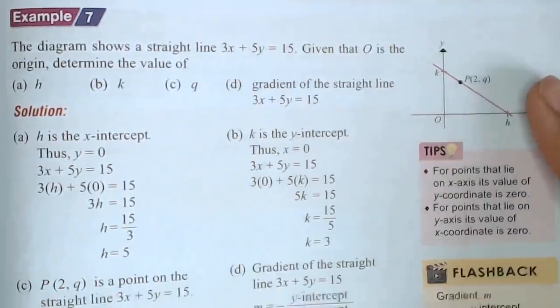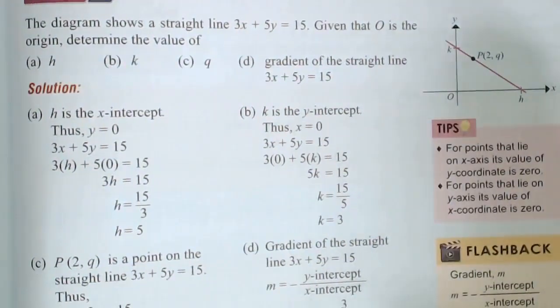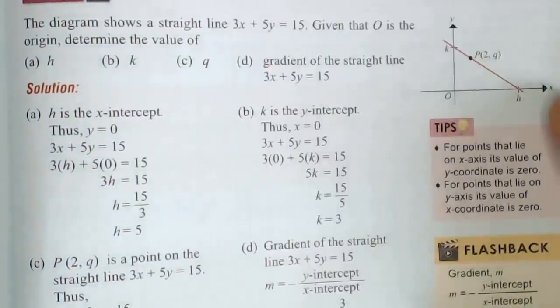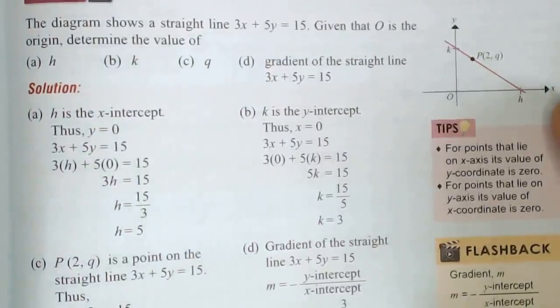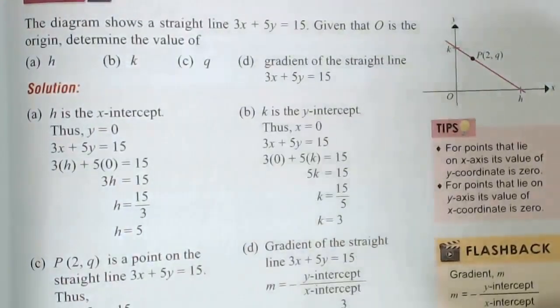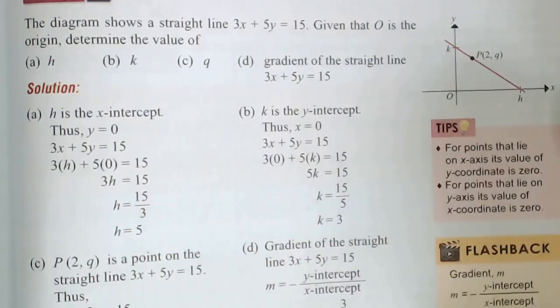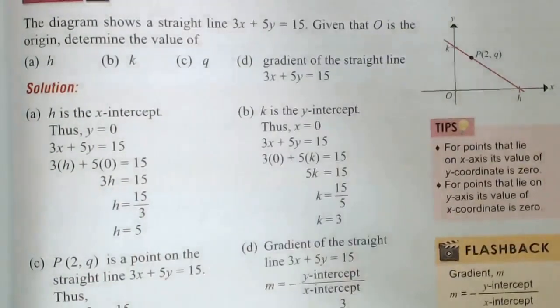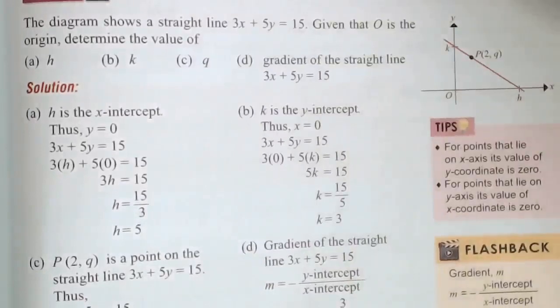Okay. Sometimes you will have many ways to find something. So it is not wrong to use whatever way, as long as it is correct, as long as it is mathematics, then it is correct.